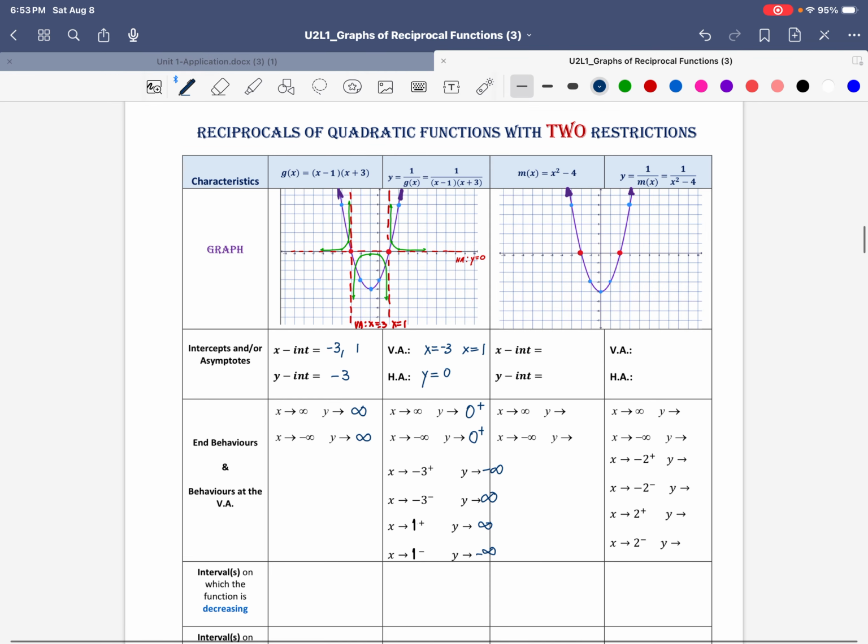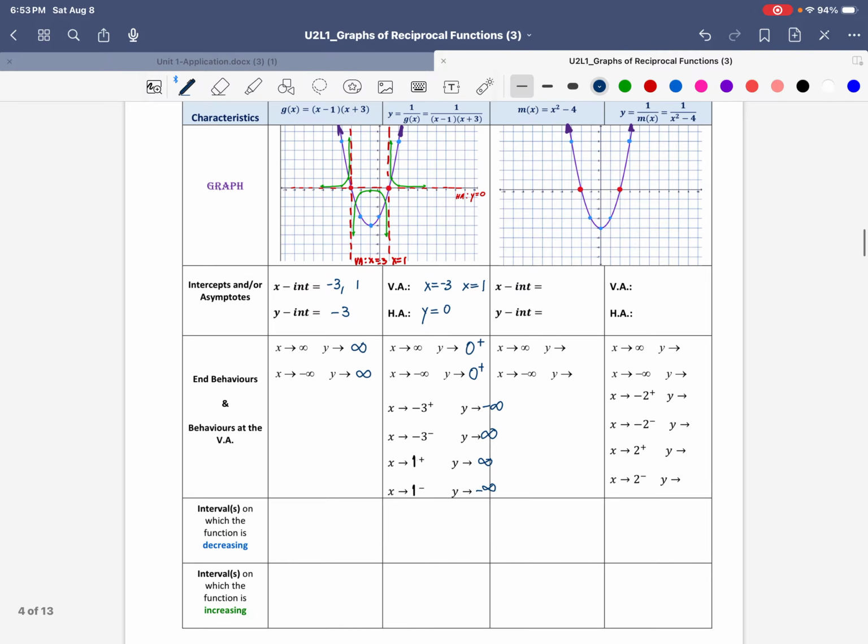Now, what are the intervals of increase and decrease for each of them? Well, let's look at the parabola. From negative infinity all the way to negative 1, this is where the vertex of the parabola is, or the turning point, the function will be decreasing.